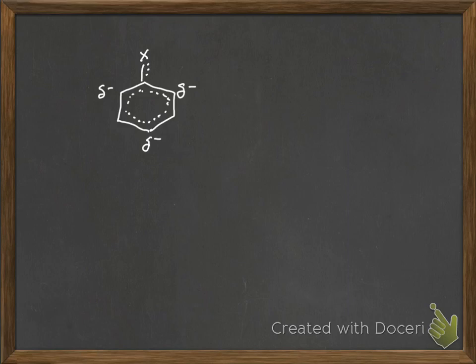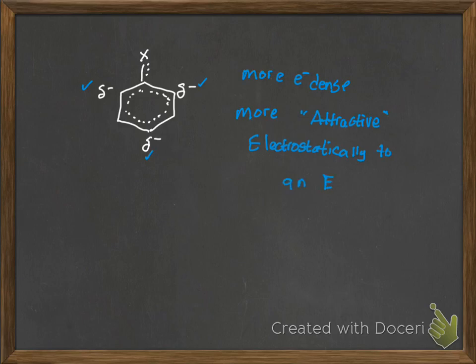These 3 sites, here, here, and here, are more electron dense and therefore more attractive electrostatically to an electrophile.